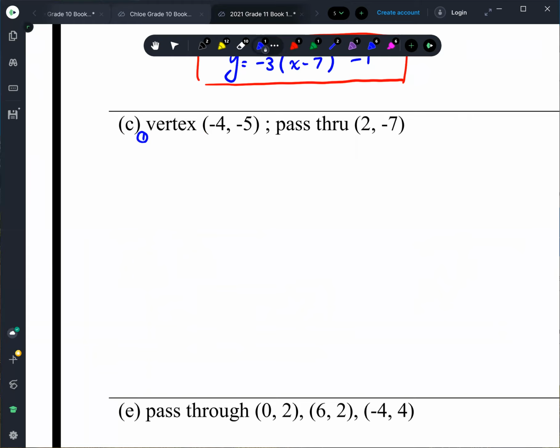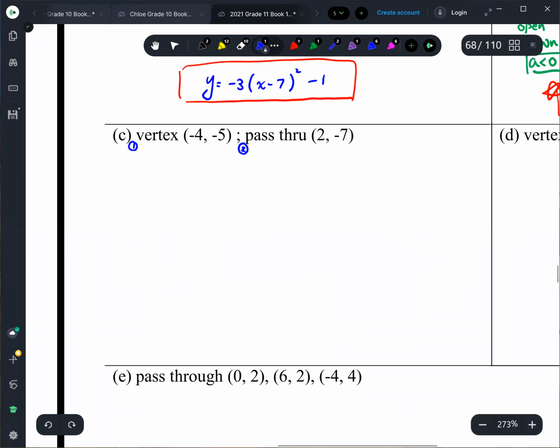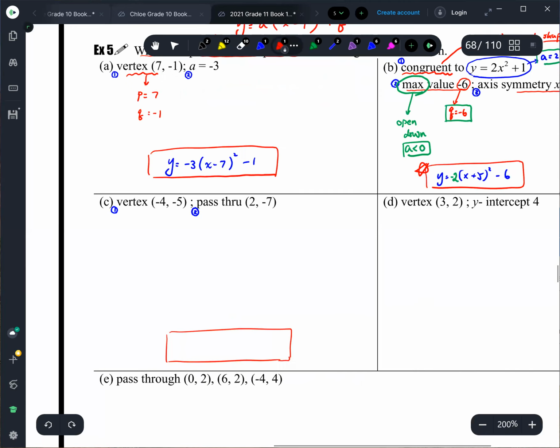And that graph is passing through, meaning this point is on the graph, passes through 2, -7. Okay, I'll let you think about what to do with those 2 points, right? So once you have the equation, you can raise your hand.